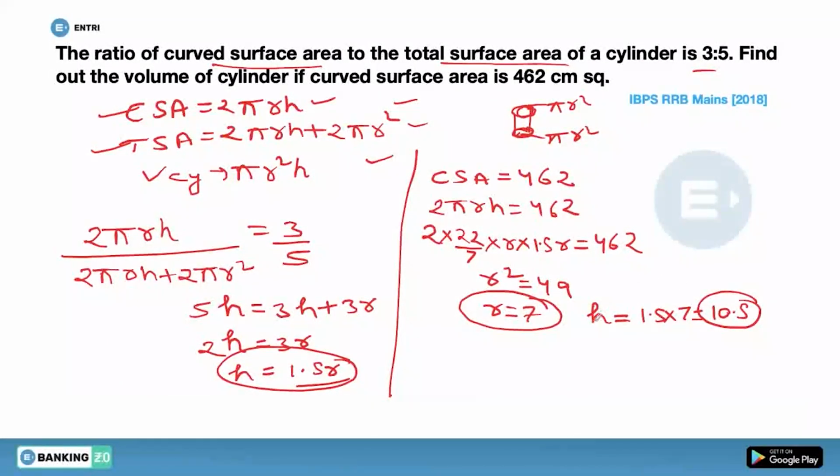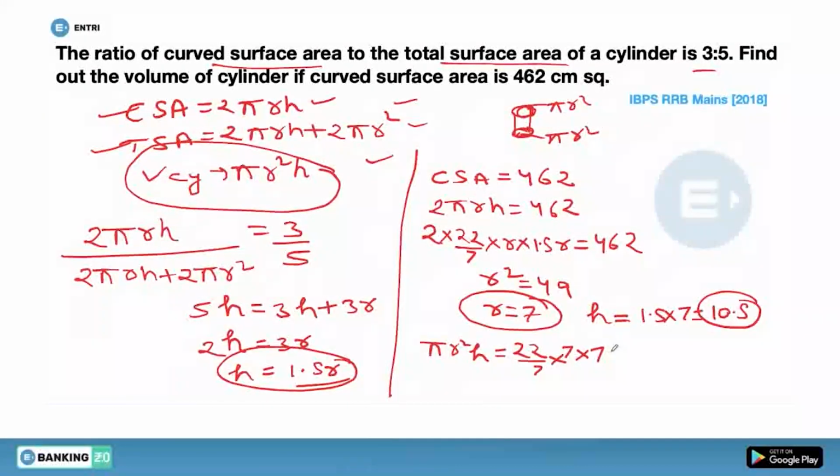And when I know the value of h, I can use the value of the volume of the cylinder. What is the formula for the volume of a cylinder? It's pi r square h, and the value of pi is 22 by 7, and the value of r is what? I know that the value of r is 7, so it would be 7 cross 7. And what is h? It is 10.5.